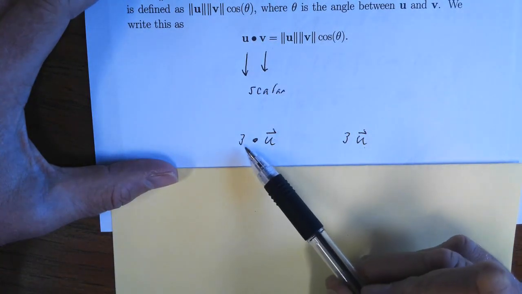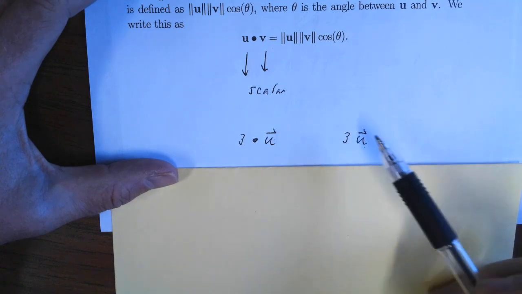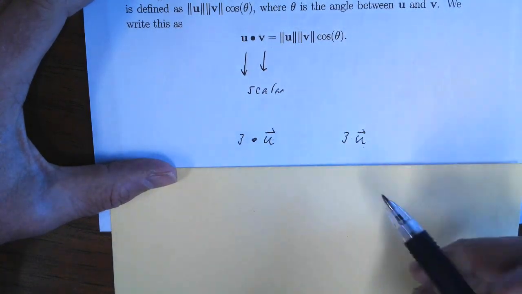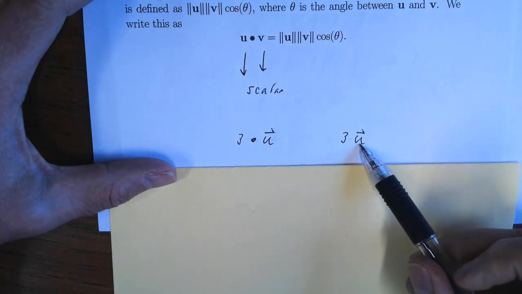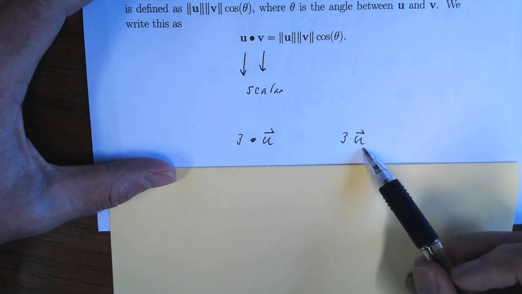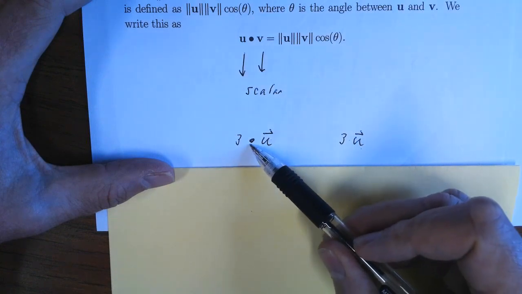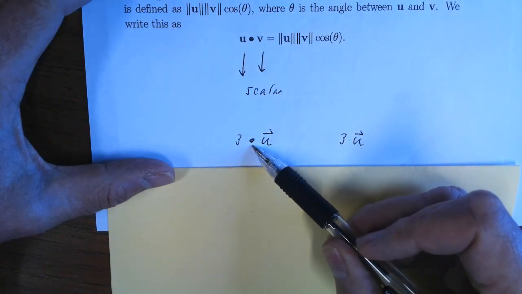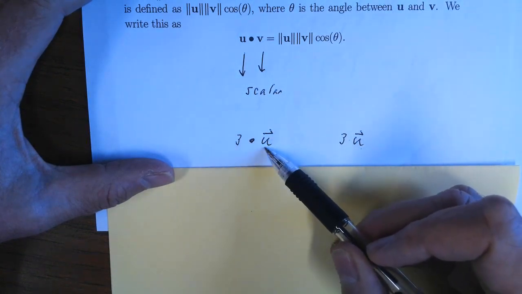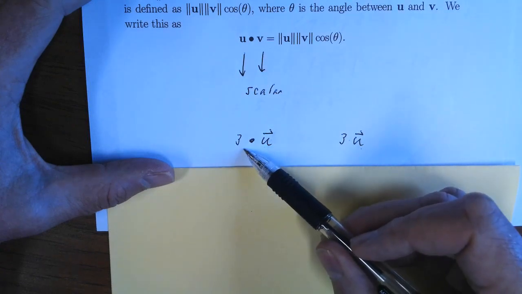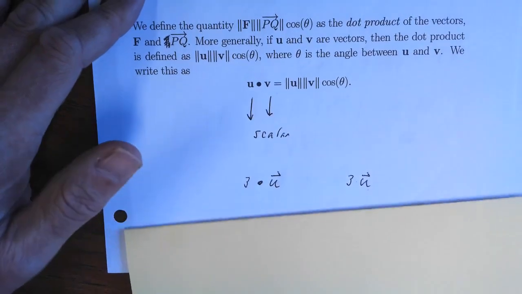There's a difference between 3 dot U and 3 times U. 3 times U simply means take the vector U and stretch it by a factor of 3. 3 dot U, using the dot product symbol, makes no sense, because in order to take the dot product of two quantities, both quantities must be vectors, and 3 is not a vector, it is a scalar.